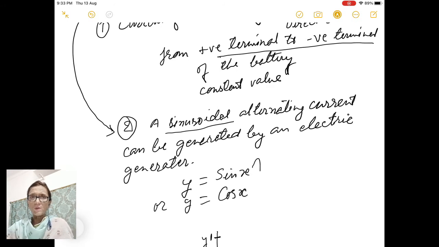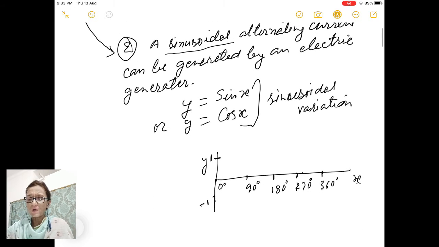It has a particular graph. If you draw coordinate axes and put y along the y-axis and x along the x-axis, and put different angles like 0 degree, 90 degree, 180 degree, up to 360 degree, then you will find the value of y in terms of sin x.